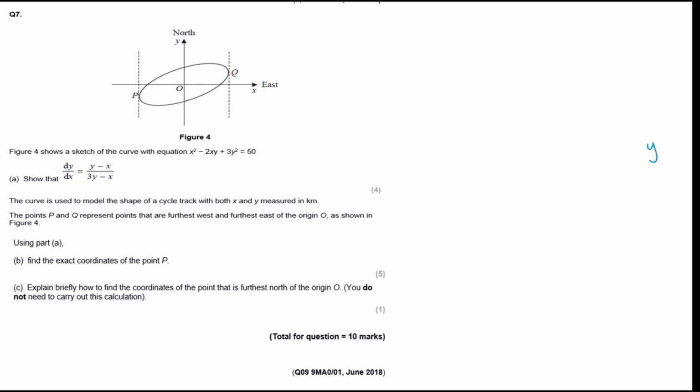This is easier than the last one. Parts B and C are the thinking skill part, but it's only 1 mark. Now, some of you on part B, that thinking skill is a little bit tricky to unlock that question.